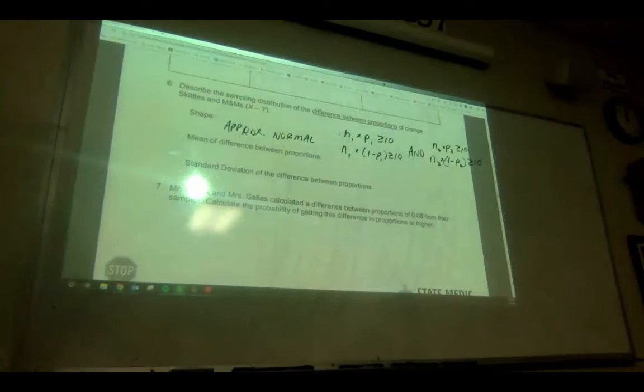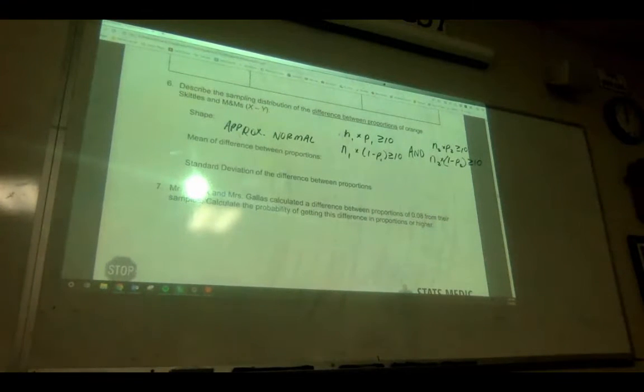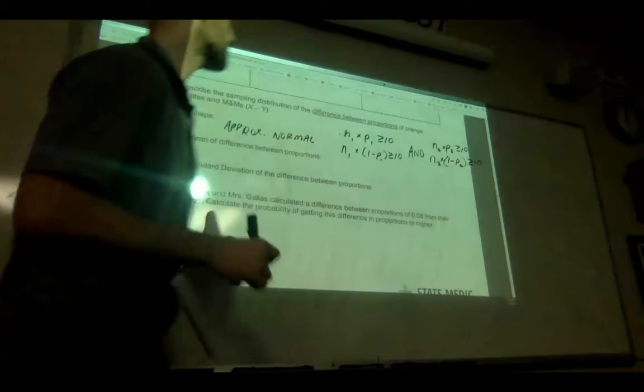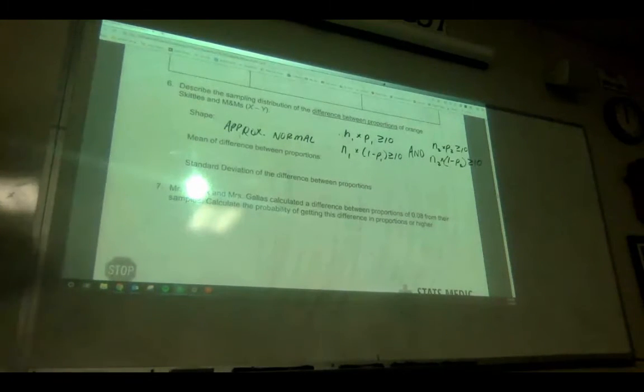Because we tested the conditions for both of the samples, and they were found to be normal, the difference is normal as well.